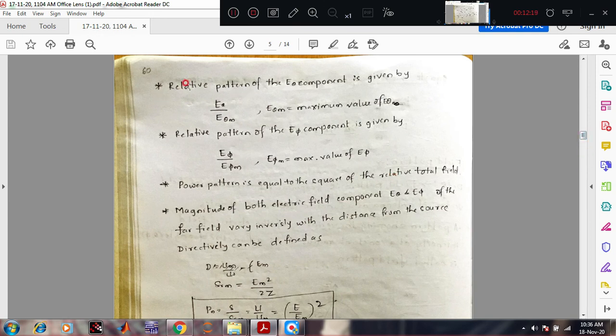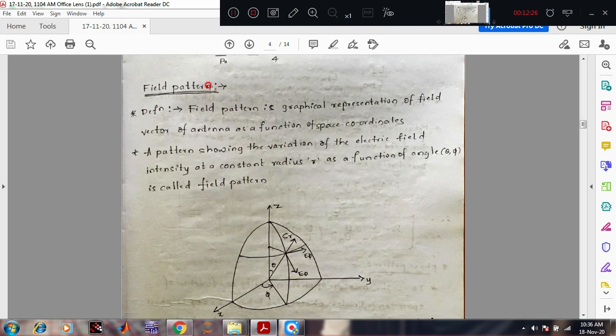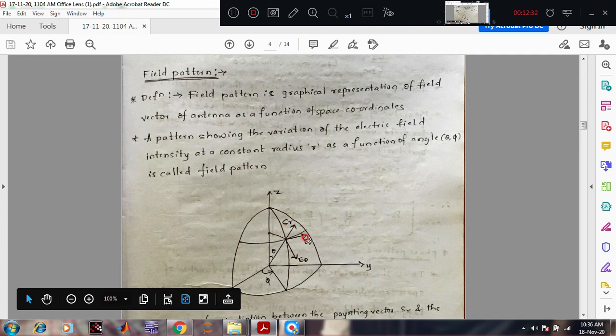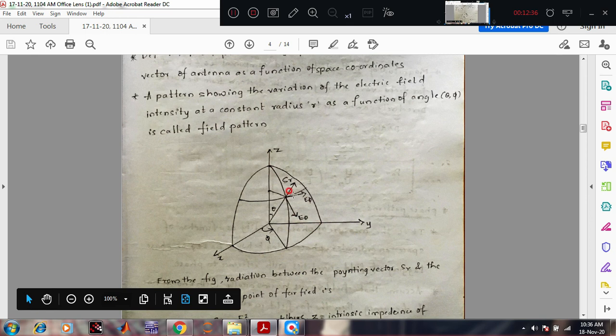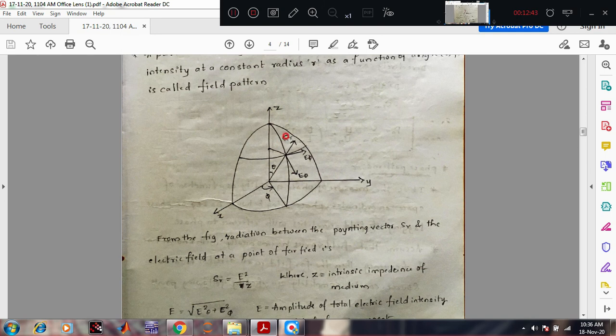So one important theoretical aspect here. We have that concept of field pattern. So when the point is placed in a spherical coordinate system, it splits into two components, E theta and E phi, that results in a vector quantity, horizontal phi, vertical angle theta, and radial will be the r component. So that vector is called Sr, right?